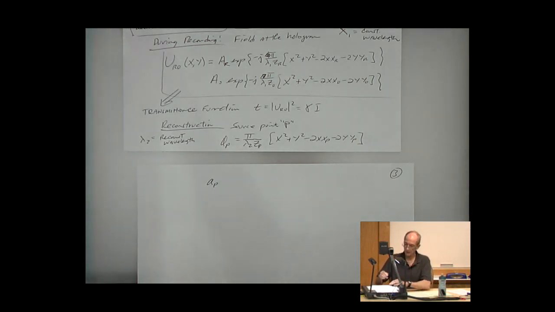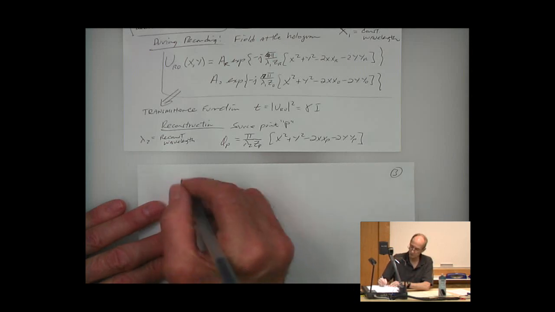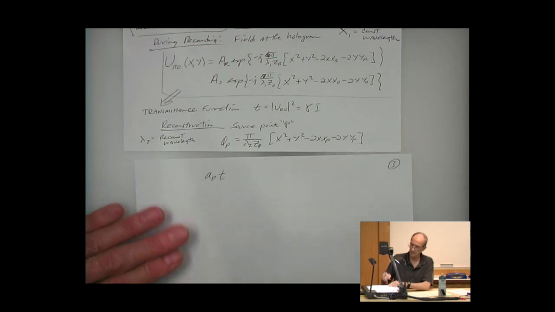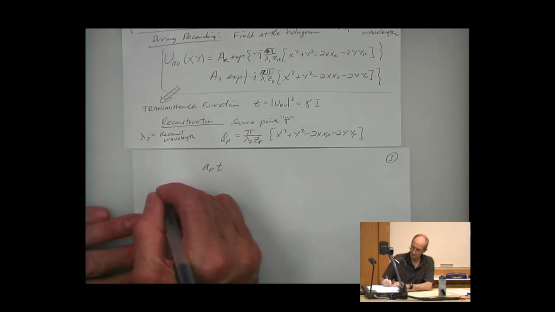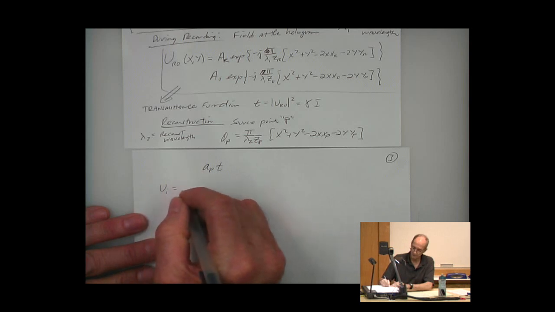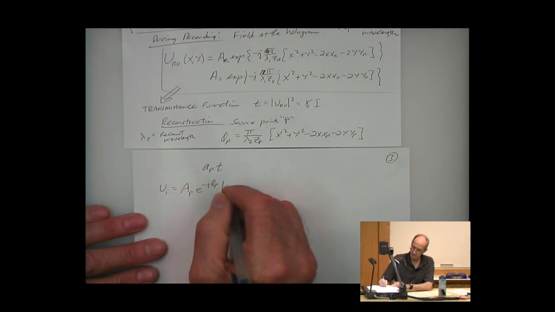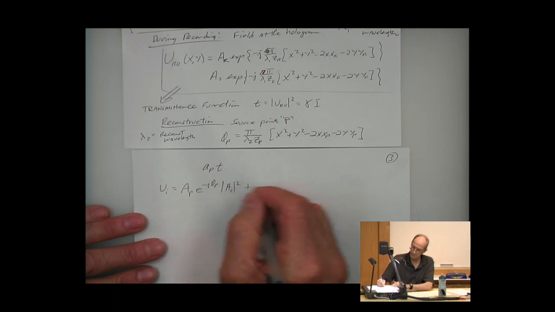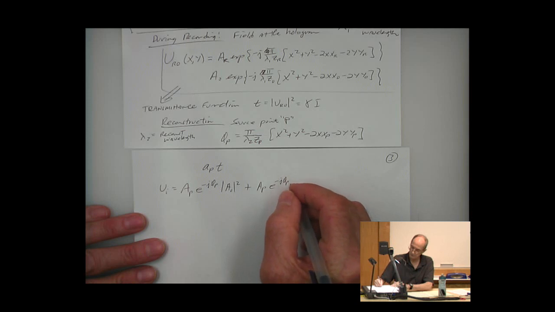So again, what we do as normal is take A_P and multiply it by our transmittance function, and that's going to give us our image field. The image field that we end up with, U sub I, is going to be A_P times e to the minus j phi p times A_O squared, plus A_P times e to the minus j phi p times A_R squared.